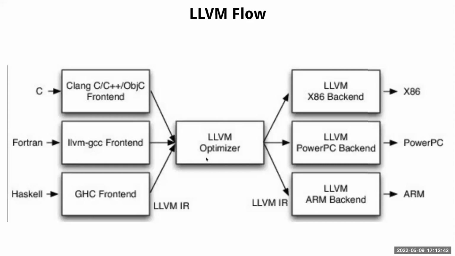Then the optimizer part has a collection of all kinds of optimizers, and that's usually what we also develop. Because an optimizer doesn't necessarily optimize the code. You can define an optimizer to just analyze the code at the IR layer. You can also develop optimizers to change the code. As long as it changes the code, it is kind of an optimizer.